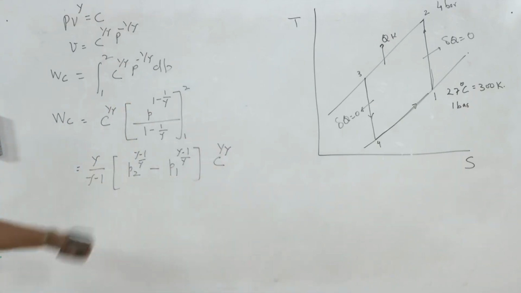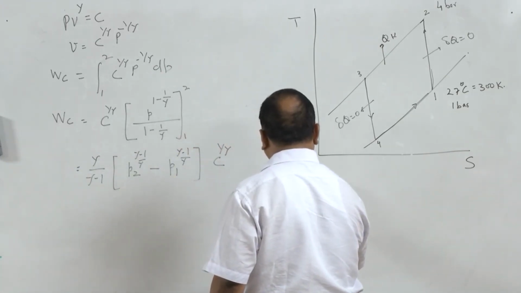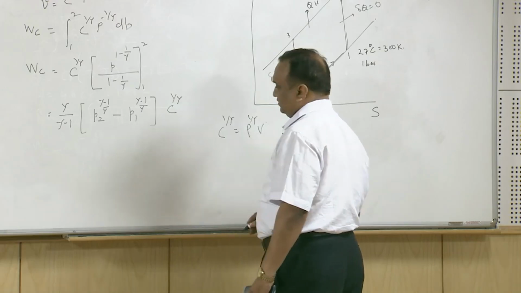Now, C raised to power 1 by gamma is equal to P raised to power 1 by gamma into V.